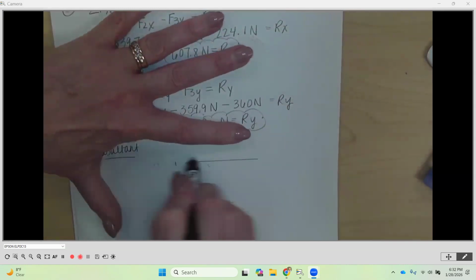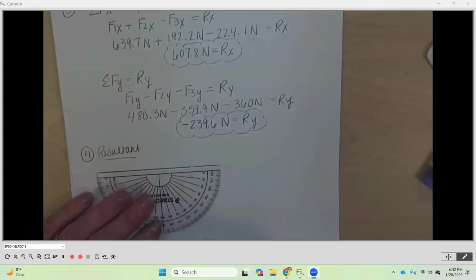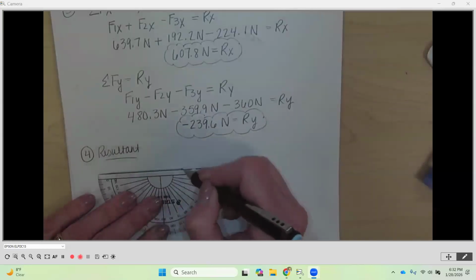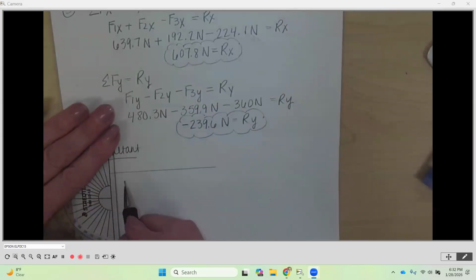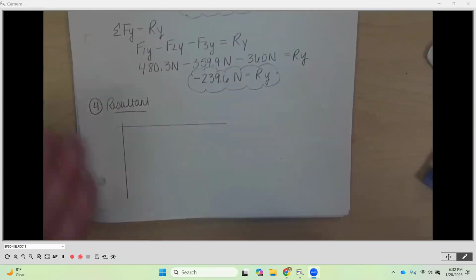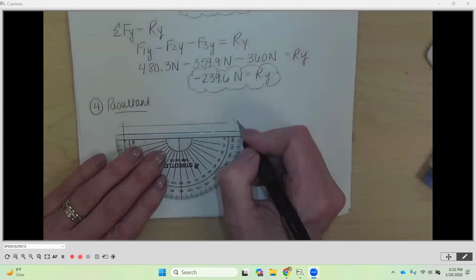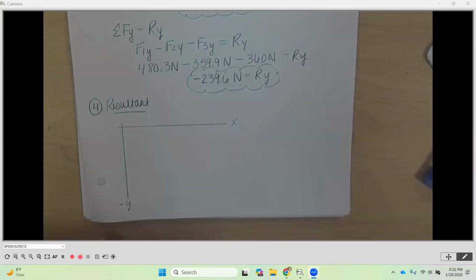I'm going to go more to the left so that I have enough room for my calculations. This time we're going to be in the 4th quadrant, if you would. So here's my x, my negative y.